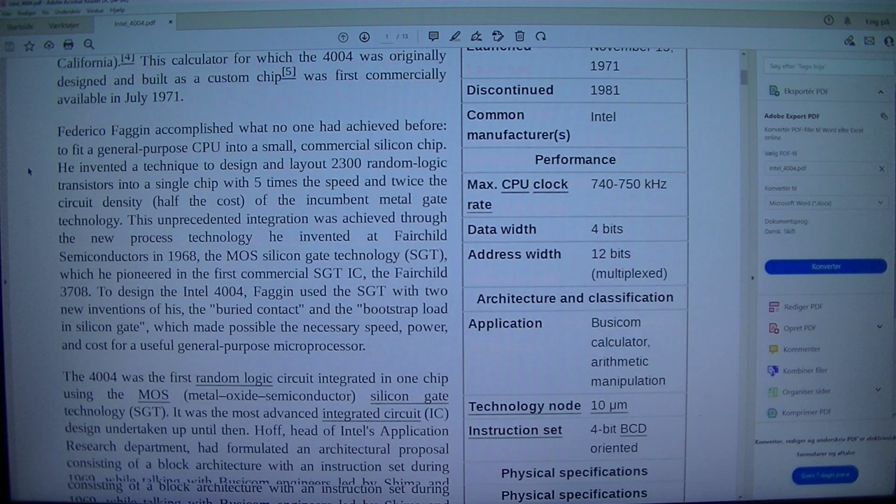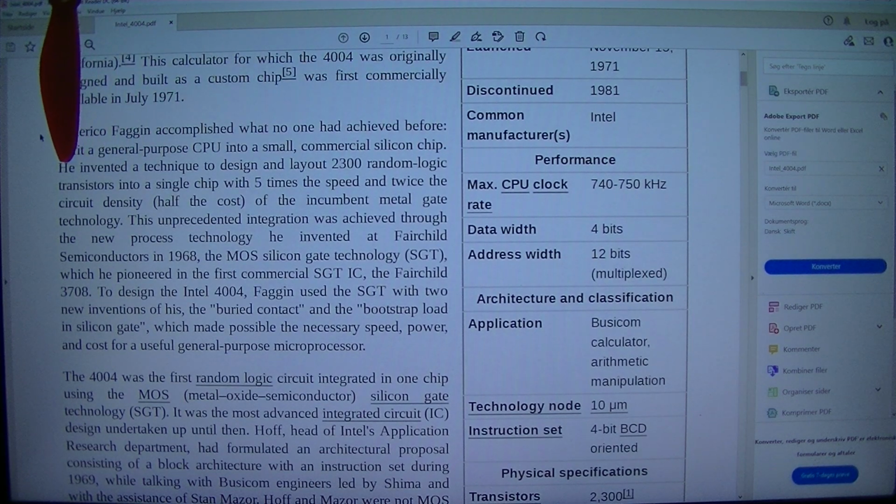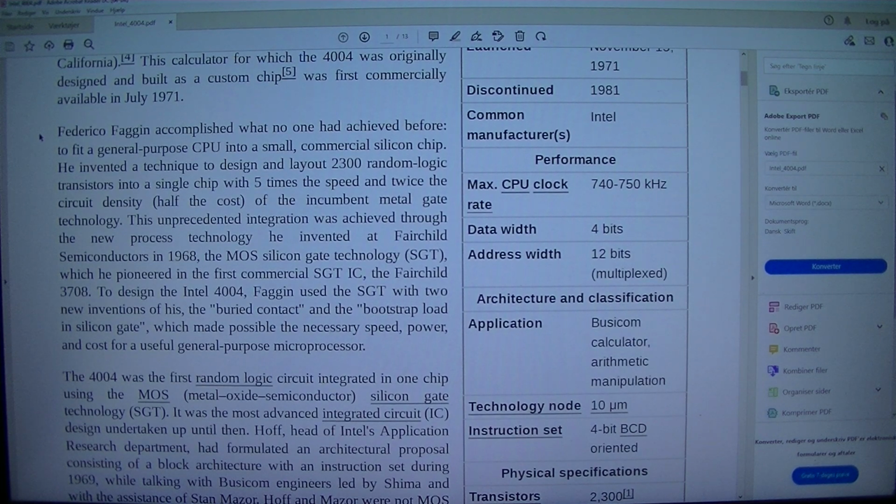Federico Fagin accomplished what no one had achieved before, to fit a general-purpose CPU into a small, commercial silicon chip. He invented a technique to design and lay out 2,300 random logic transistors into a single chip with 5 times the speed and twice the circuit density, half the cost, of the incumbent metal gate technology.